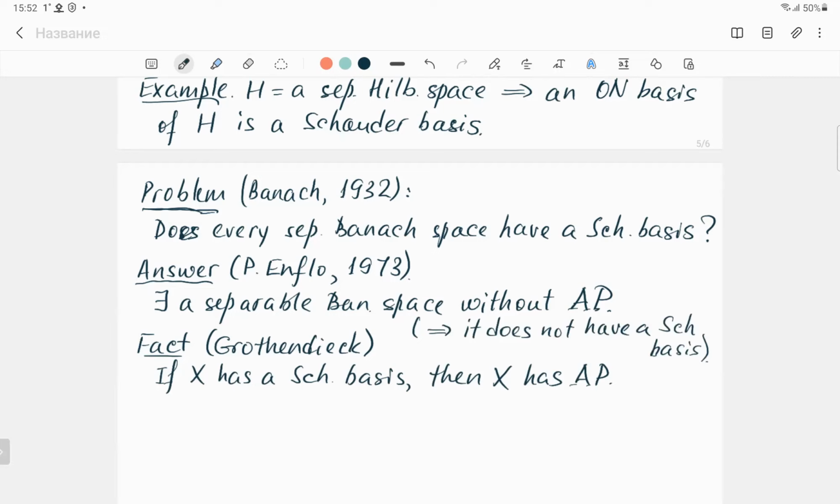Well, so far we considered compact operators between arbitrary Banach spaces. And from now on, we concentrate on compact self-adjoint operators on the Hilbert space.